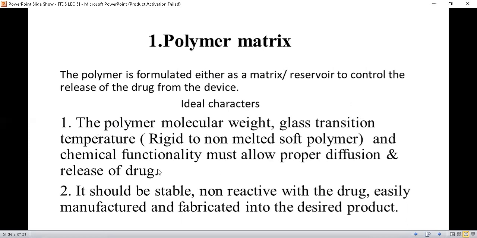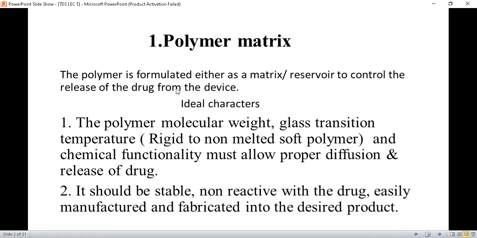Students, the core purpose of transdermal formulation is that we want to release our drug as per our choice. So we can formulate a transdermal patch. In that formulation, the first and most important thing included is a polymer matrix.